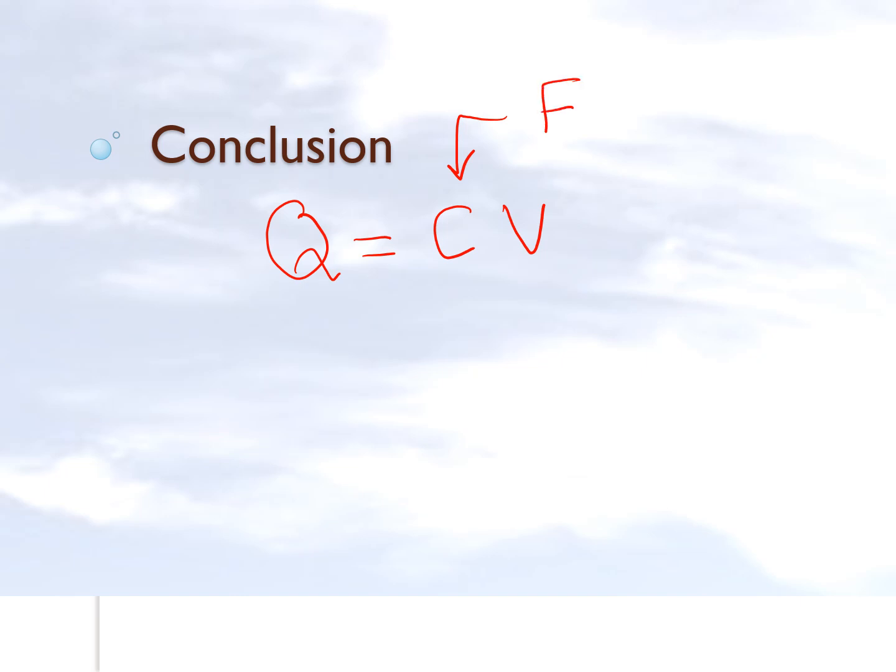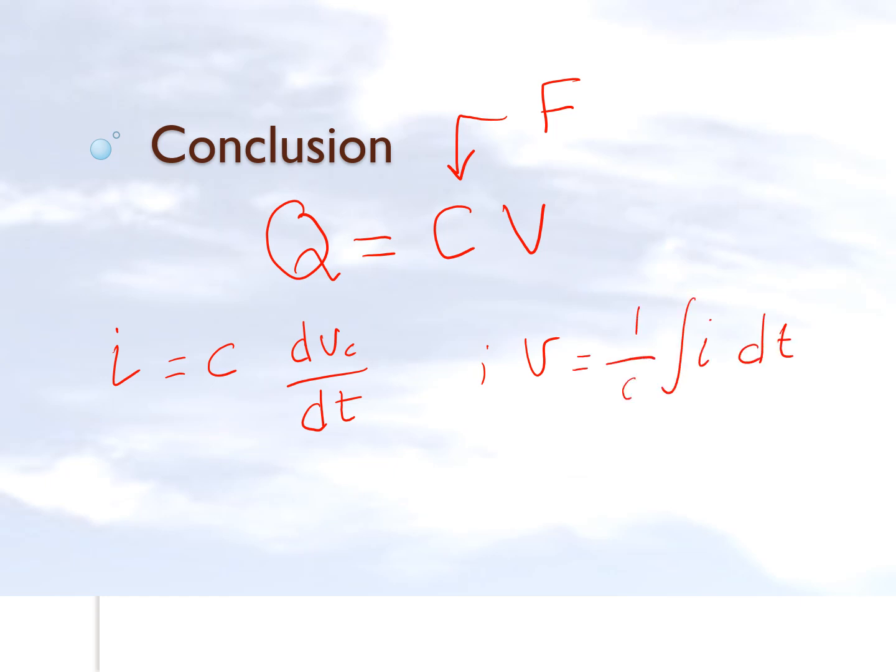We also learned about the current-voltage relationship: the current through the capacitor is equal to C dVc/dt, where Vc is the voltage drop across the capacitor, and likewise the voltage would equal 1 over C integral of I dt. And finally, the energy stored in a capacitor is related to the voltage across the capacitor, and this is equal to 1/2 C V square.